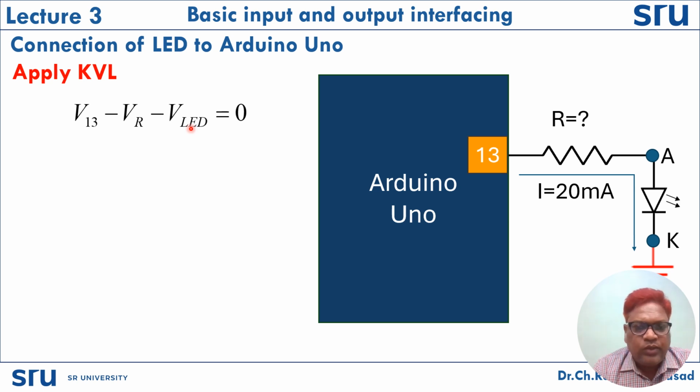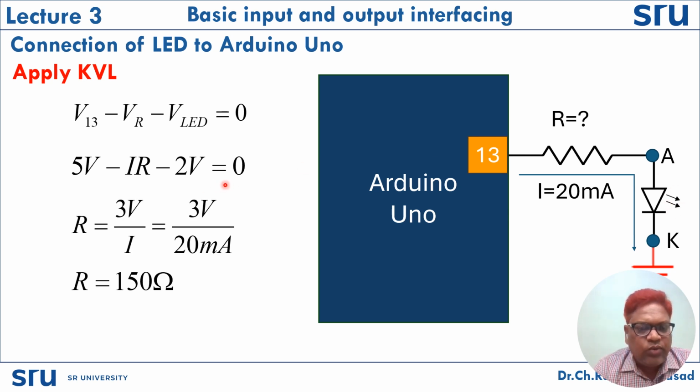We already know that the voltage required for the LED is 1.8 to 2.2 volts. Let us consider the average value, 2 volts. Substituting these values, V13 is 5 volts, and the voltage across the resistor is I into R, where I is the current flowing, 20 milliamps, and R is the resistance we need to find. 2 volts is the voltage required for the LED. By simplifying this, we get R equal to 150 ohms.